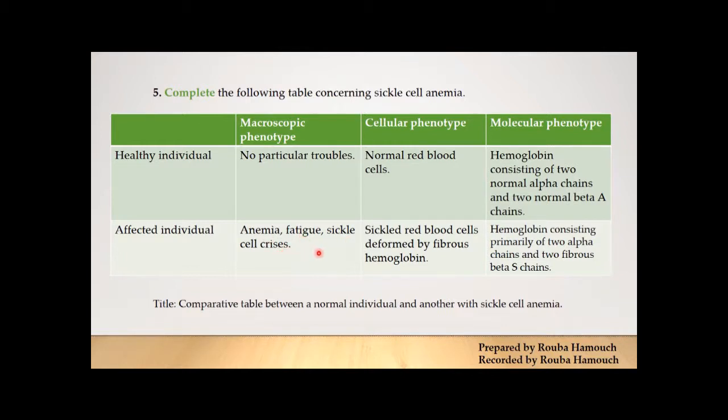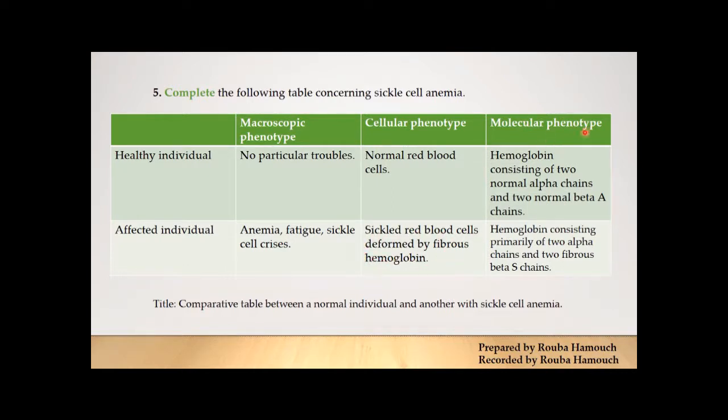pale skin, etc. At the cellular phenotype, the red blood cells show normal shape, whereas in sickle cell anemia, the sickled red blood cells are deformed by fibrous hemoglobin. So we have an elongated form of red blood cells.